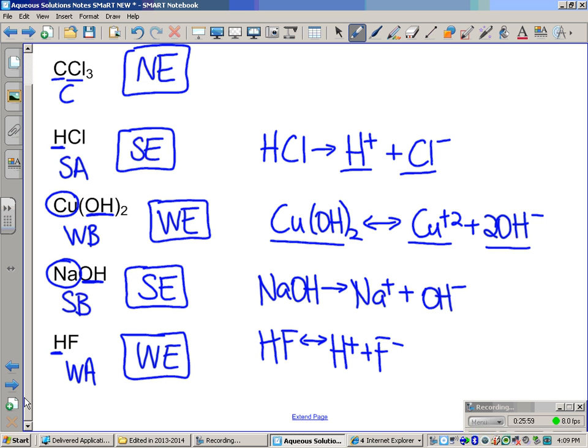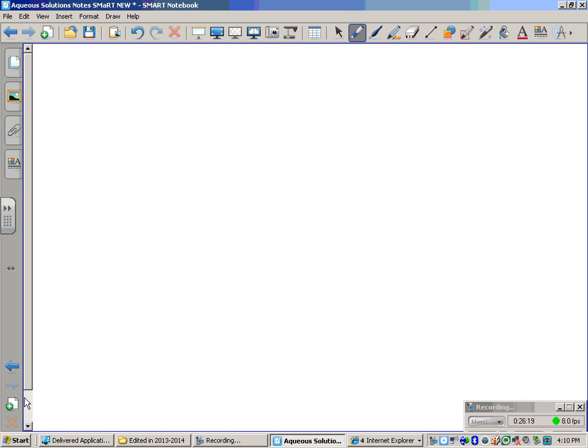Those words match up on purpose. Then if it's not an acid or a base, then move on to just plain old ionics. Look to see if it's ionic. Does it have a metal? If it doesn't have a metal, then see if it's all nonmetals. And if it is, you've got a covalent compound, which is going to be a non-electrolyte. So it's a matter of learning those classifications. As long as you do that, you should be good.